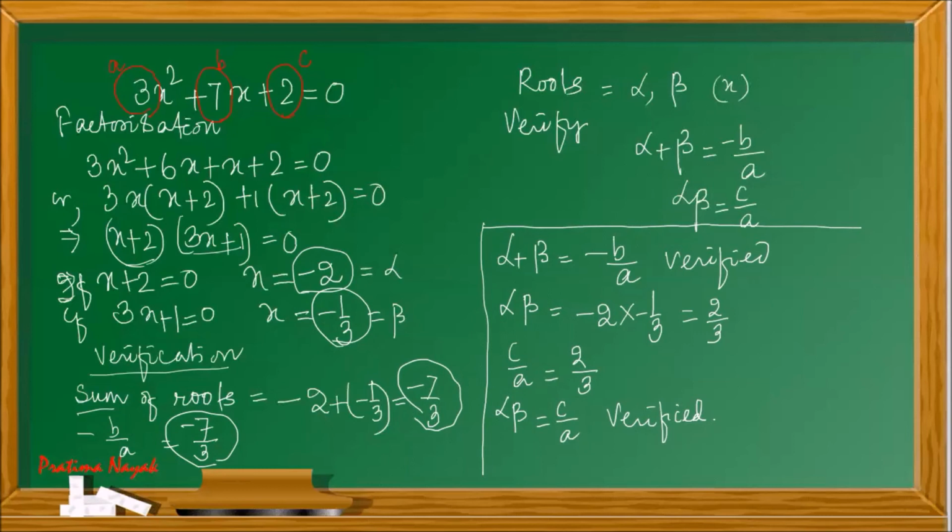Now coming to the next concept. When you learn that the sum of the roots is minus b by a and the product of the roots is c by a, we can frame an equation when the sum of the roots and the product of the roots are given.